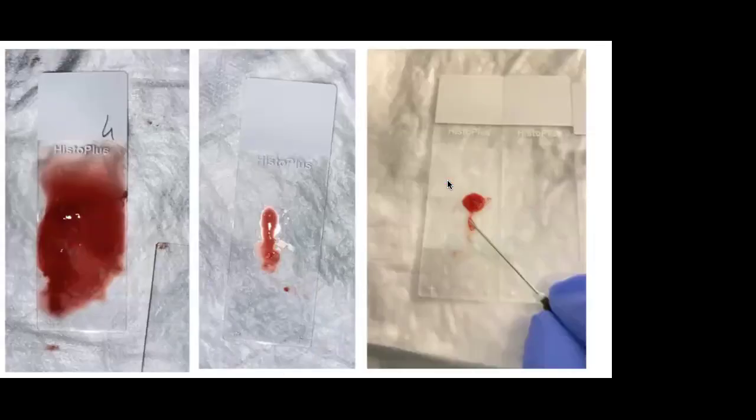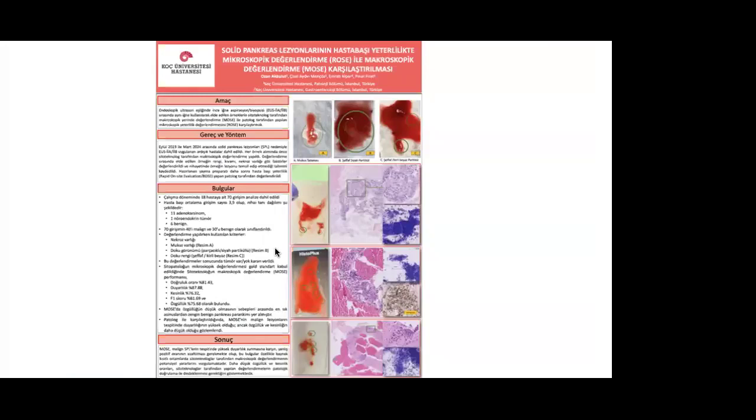And for the on-site evaluation, if you see this area in the smear slide, you can see if it's a tumor or not. And there are other examples in here. You can see there are whitish small particles when you look closely.